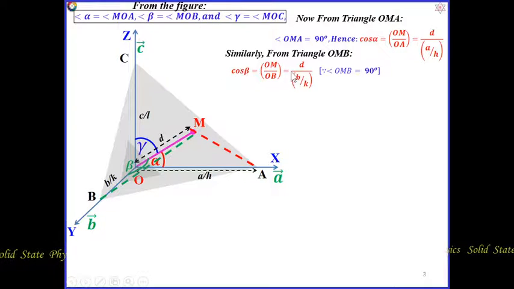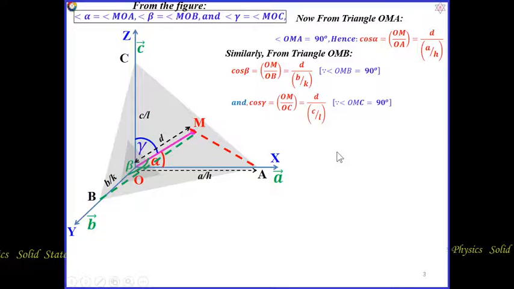Now if we consider the triangle CMO, this angle is 90 degrees, and cos gamma is OM by OC, that is d by c by l, because OC is c by l.